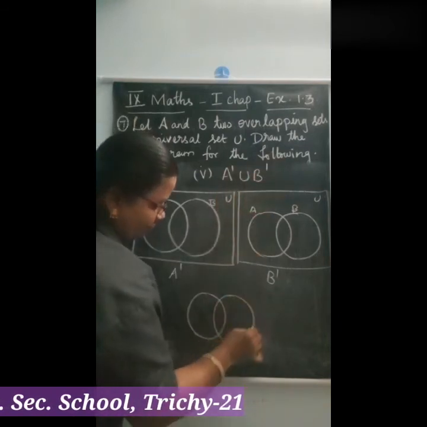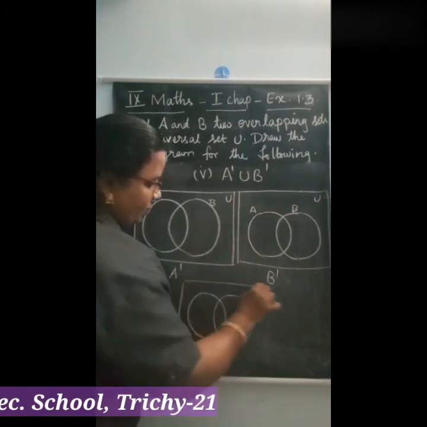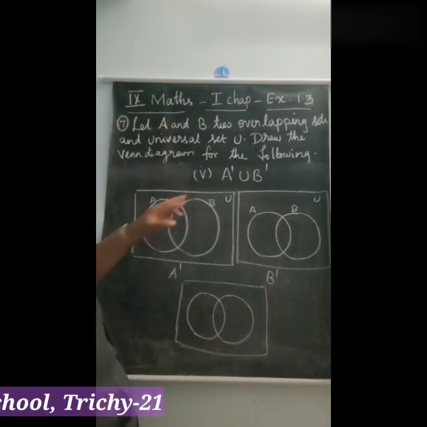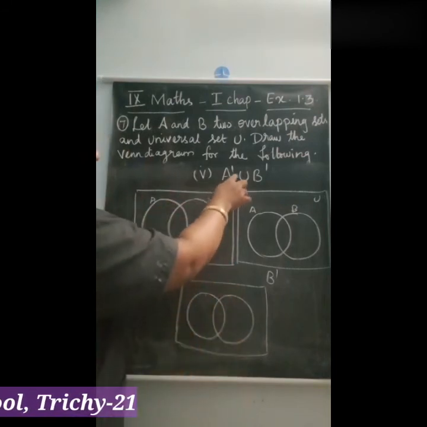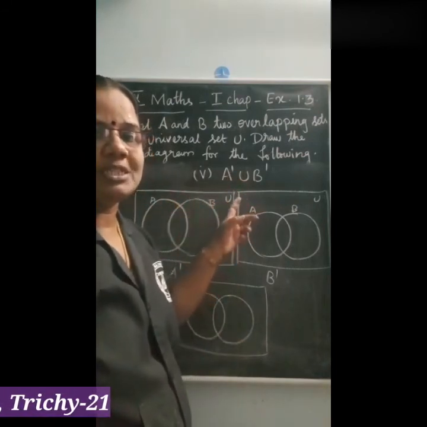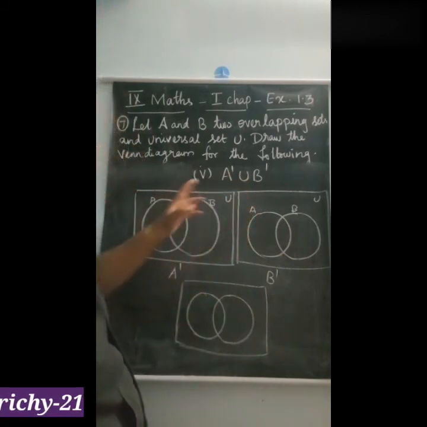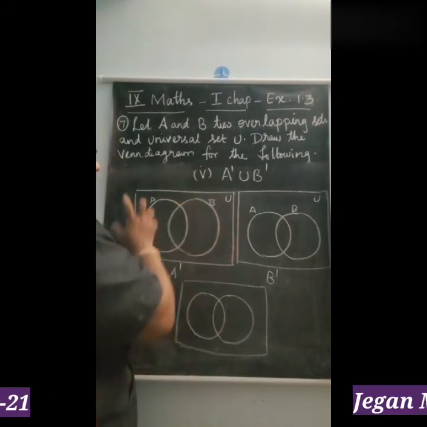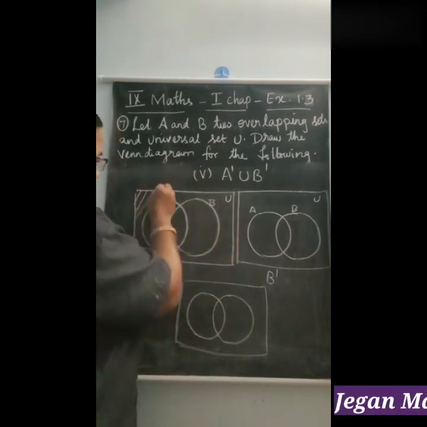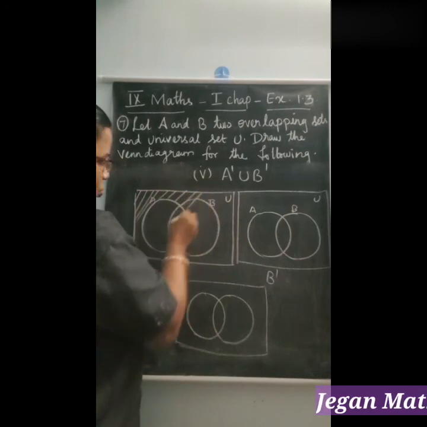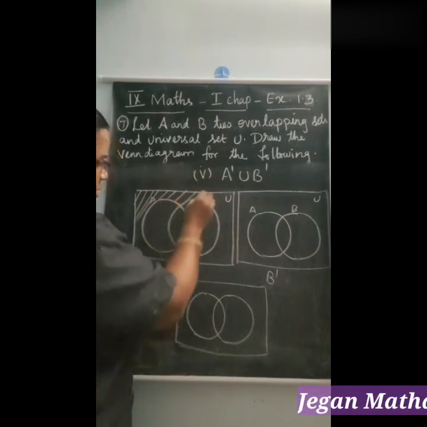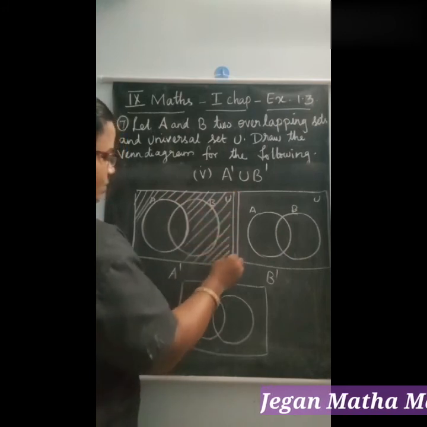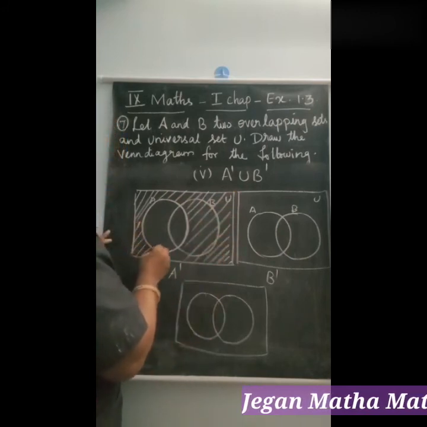First you have to draw the sets using Venn diagram. We have to represent first A dash. A dash means complement of A. So what is the complement of A? Except A, the remaining terms. So you have to shade except A. This is A, so leave this A part and shade the rest.